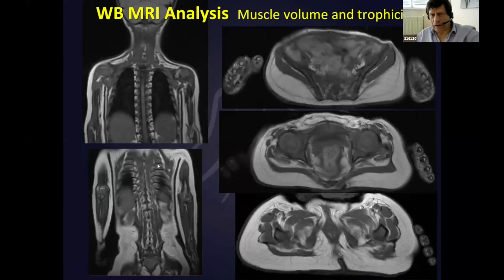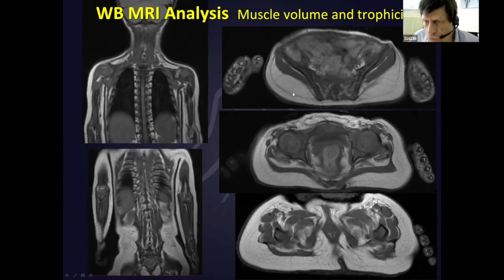In children, the fatty replacement is not always the unique or the important point of muscle modification. In this example, the fatty replacement is not inside the muscle, but outside the muscle. The muscles are very thin, very atrophied, but there is no bright signal on T1 weighted sequence inside the muscle.